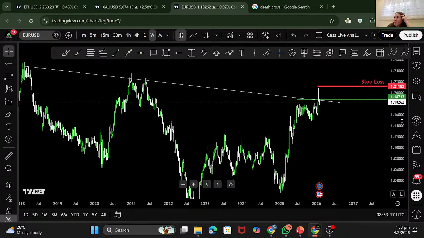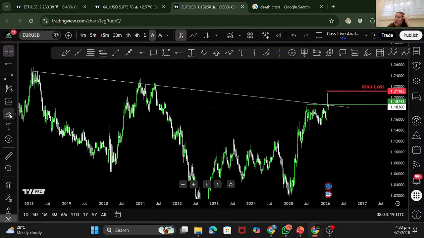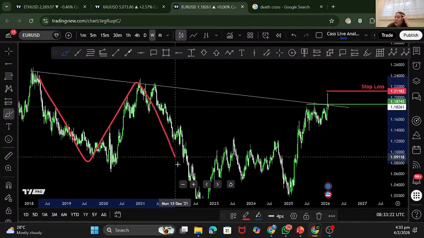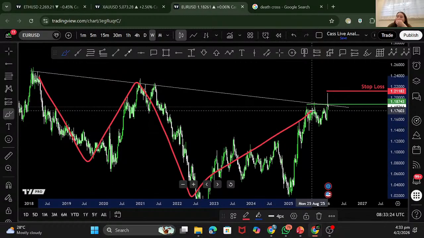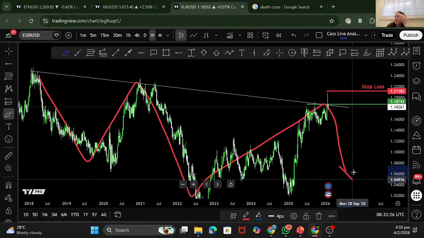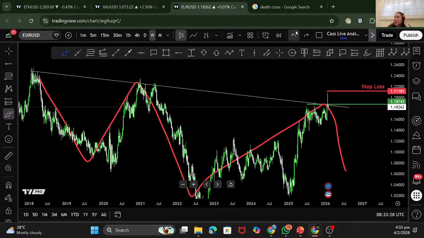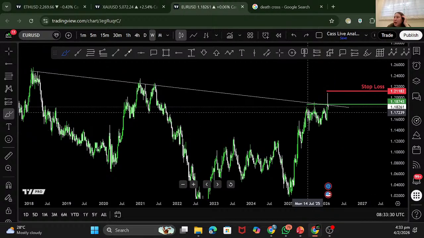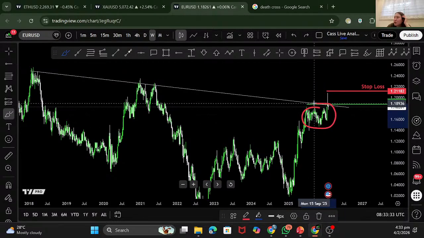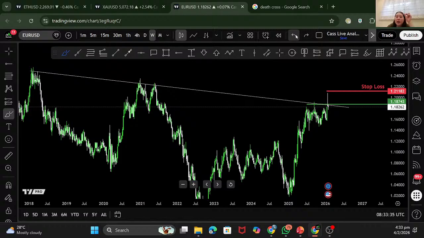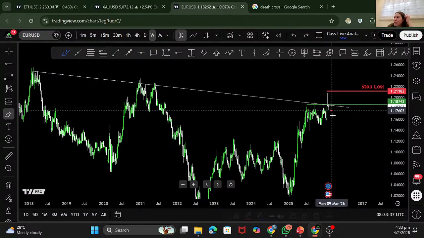I think price actually wants to reverse. It wants to respect this trend line, but at the same time, especially in the last 6 months, it didn't have enough momentum to push price down.